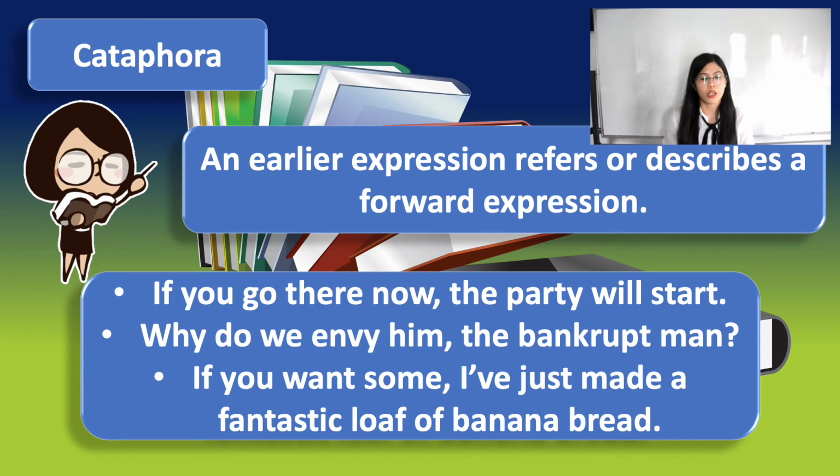Next example: why do we envy him, the bankrupt man? The word him is cataphora because it refers to the bankrupt man. Next example: if you want some, I've just made a fantastic loaf of banana bread. So the word some is the cataphora because it pertains to banana bread.